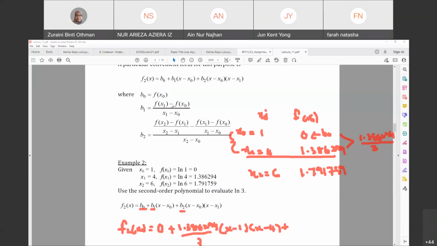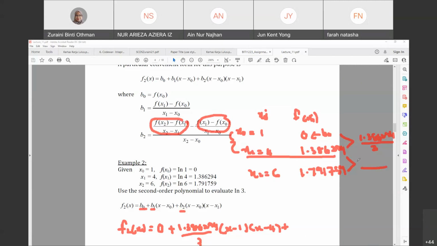Okay, now how can we get B2? B2 ni kita kena calculate. Nampak tak kat sini? B2 ialah kecerunan yang bawah tolak dengan kecerunan nilai yang atas ni. Which mean, 2 titik yang bawah ni cari kecerunan dia dekat sini, which mean 1.791759 tolak 1.386294. Nilai dia berapa?